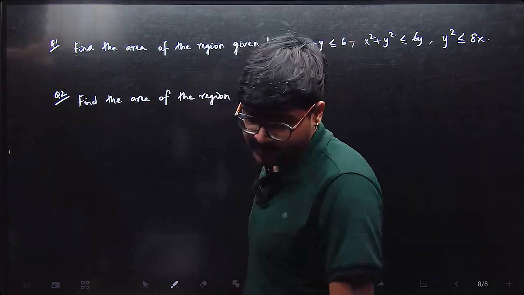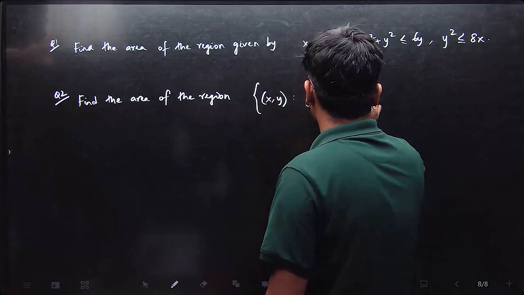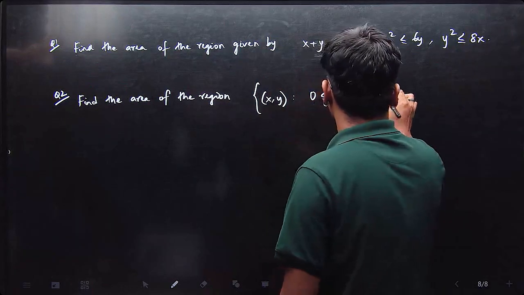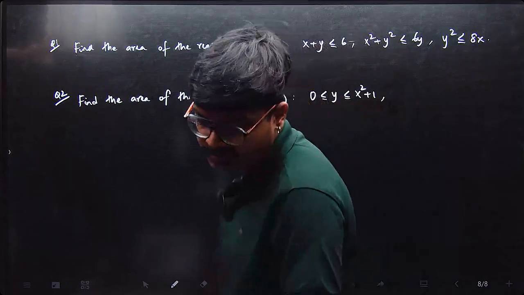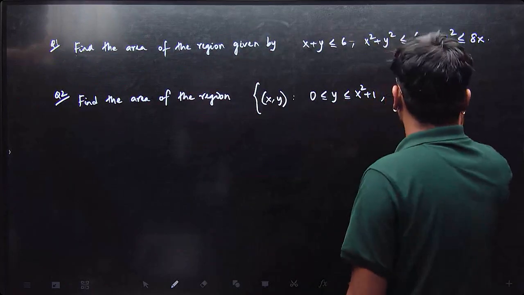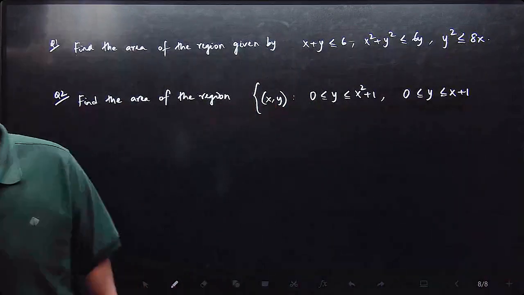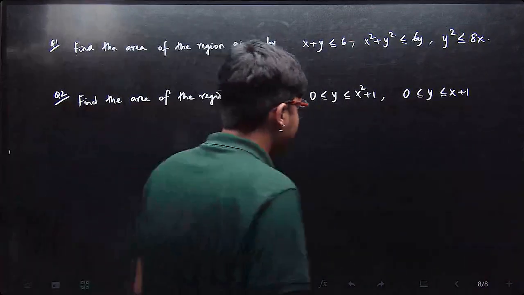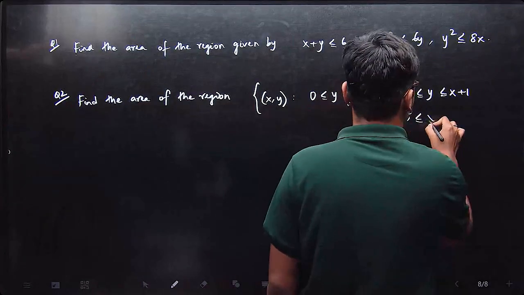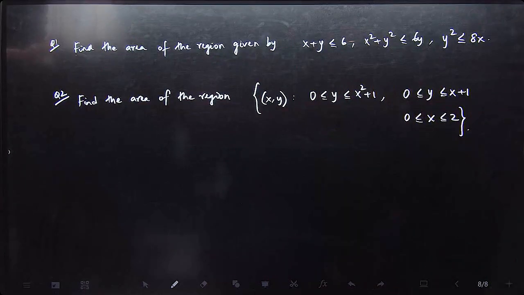All points x and y such that 0 is less than or equal to y, it's less than x square plus 1, 0 is less than or equal to y, and it's less than or equal to x plus 1, and x lies between 0 and 2. Find the area of these two regions.